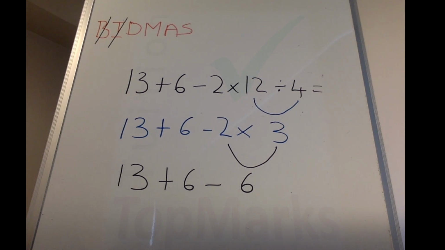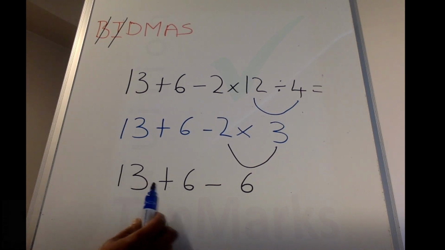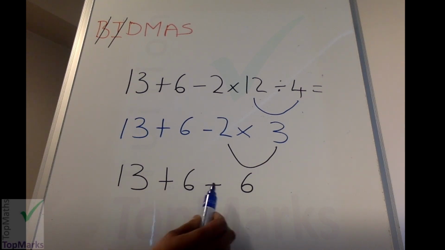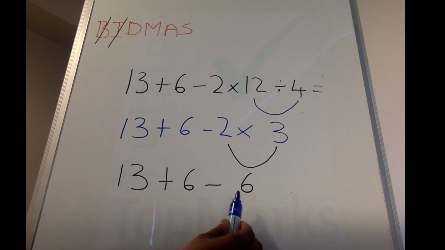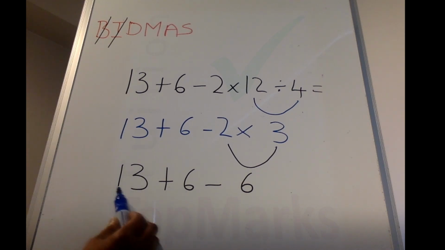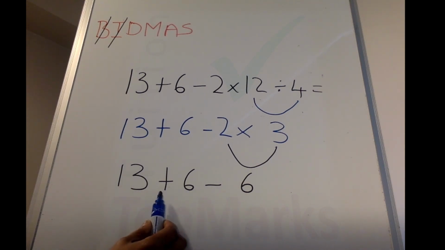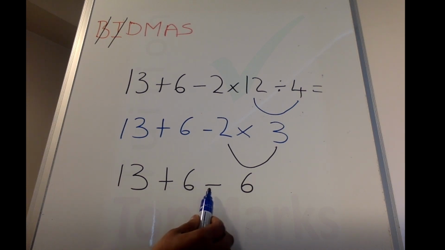Now if you remember what I said earlier, we are now left with an addition and a subtraction. Because addition and subtraction carry equal weighting, they are of equal importance. We now just carry out the calculation in the order that the addition and subtraction are given to us.